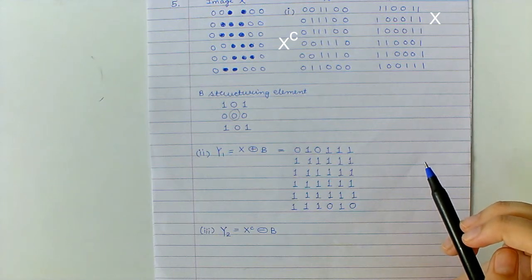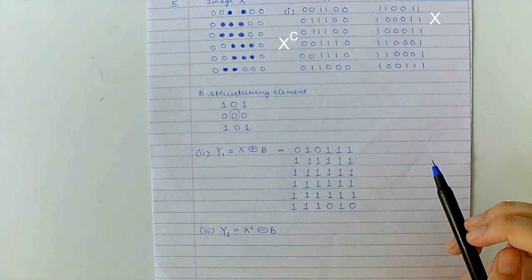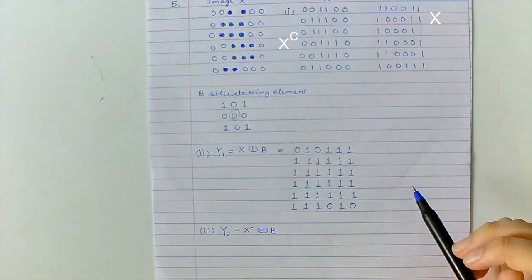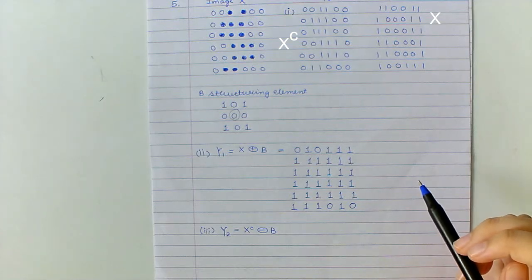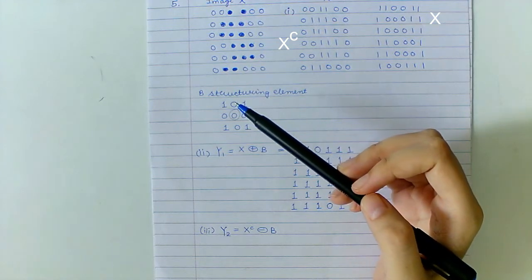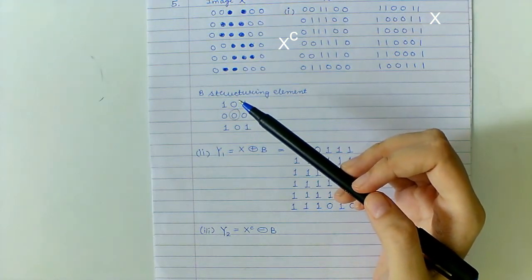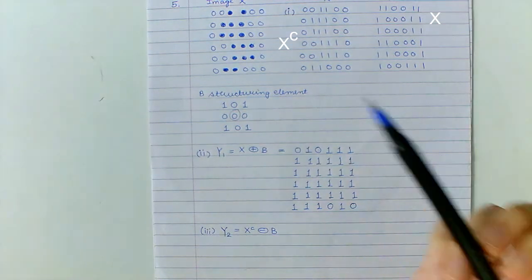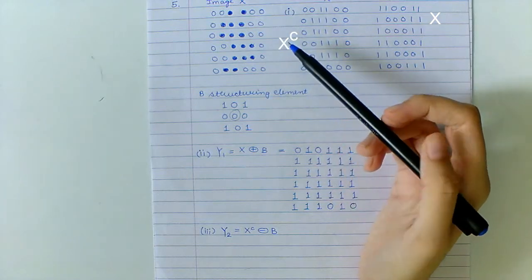Y3 and Y4. So in the given image X, we have to fill the first row and last row with any two consecutive black pixels of our choice and solve accordingly. So this is the image X and I have added two black pixels here and here, consecutive.